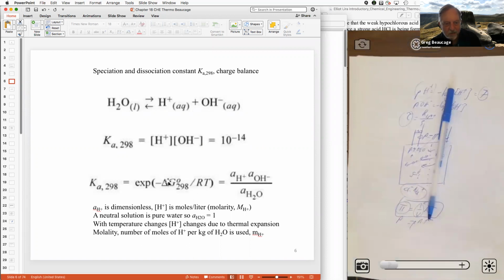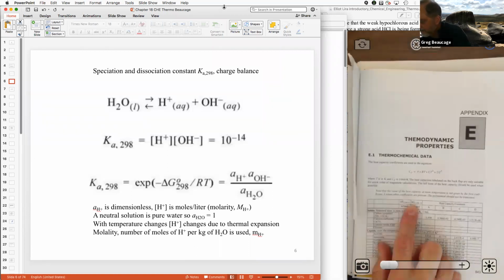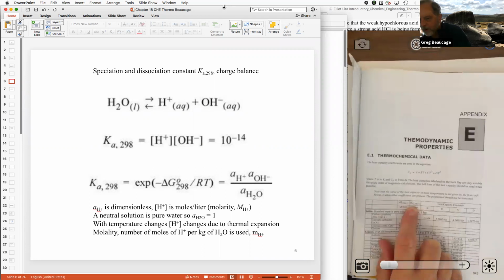So you can get the Gibbs energy. One thing to do is get the Gibbs energy from the back of the book. We can calculate the change in Gibbs formation energy for the components on the two sides. Those are all given in this chapter, in numbers in the table.